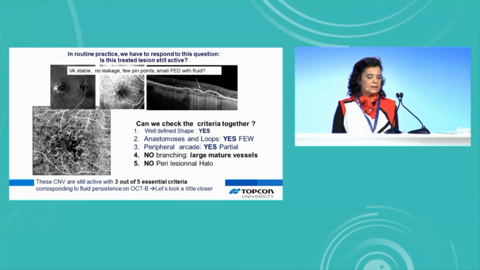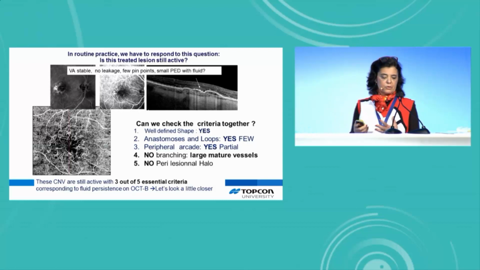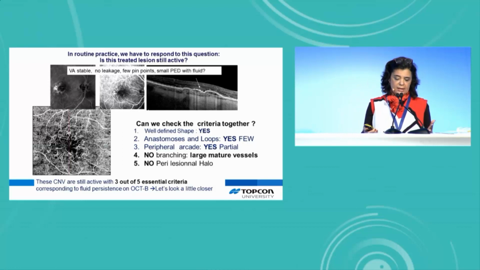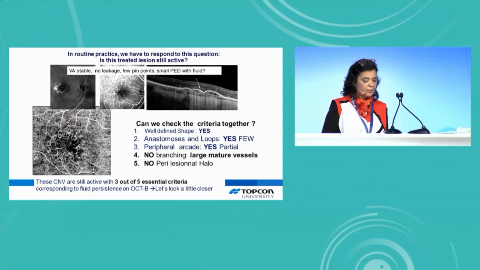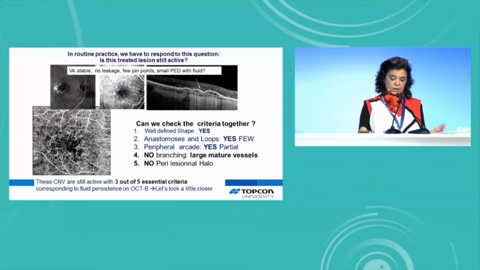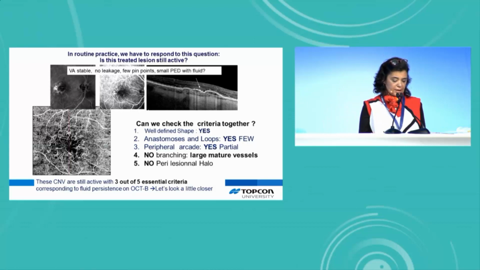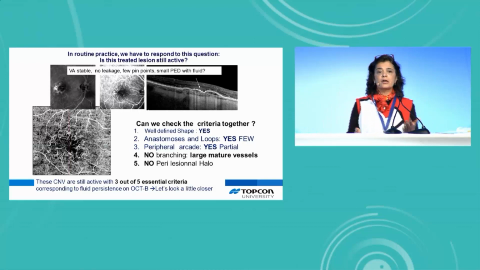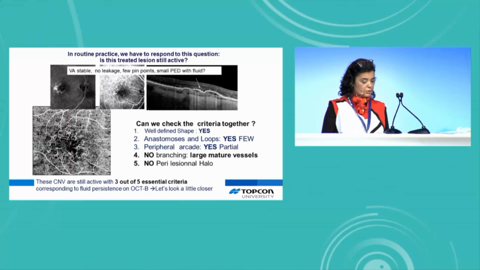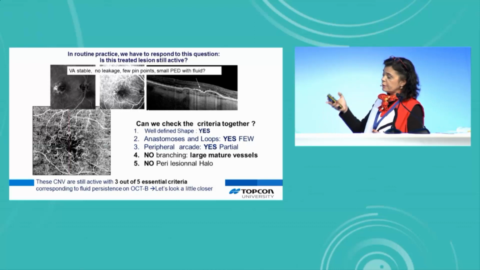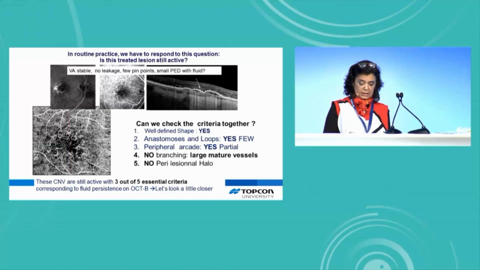In routine practice, we have to respond to this question. Is this treated lesion still active? We can check the criteria. We have well-defined shape, few anastomosis, and partial peripheral arcade. These CNV are still active with 3 out of 5 essential criteria, corresponding to fluid persistence on OCT-B scan.